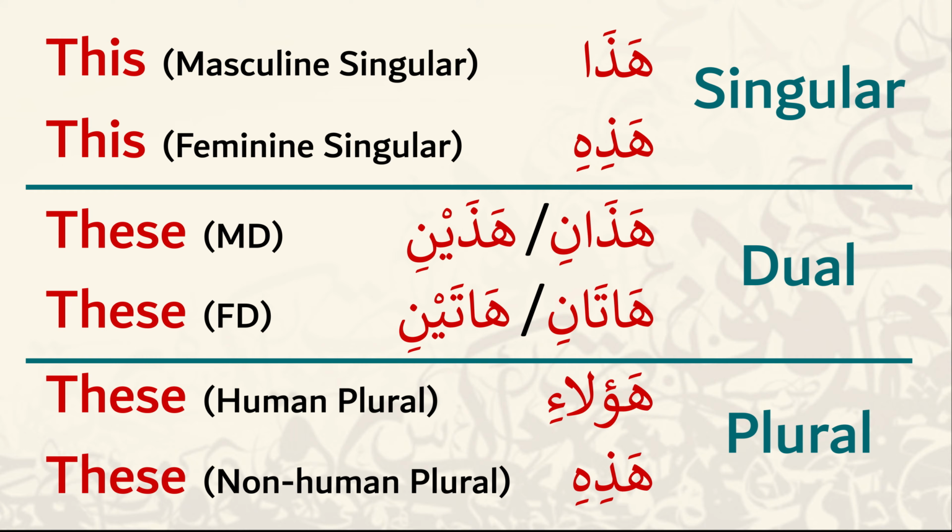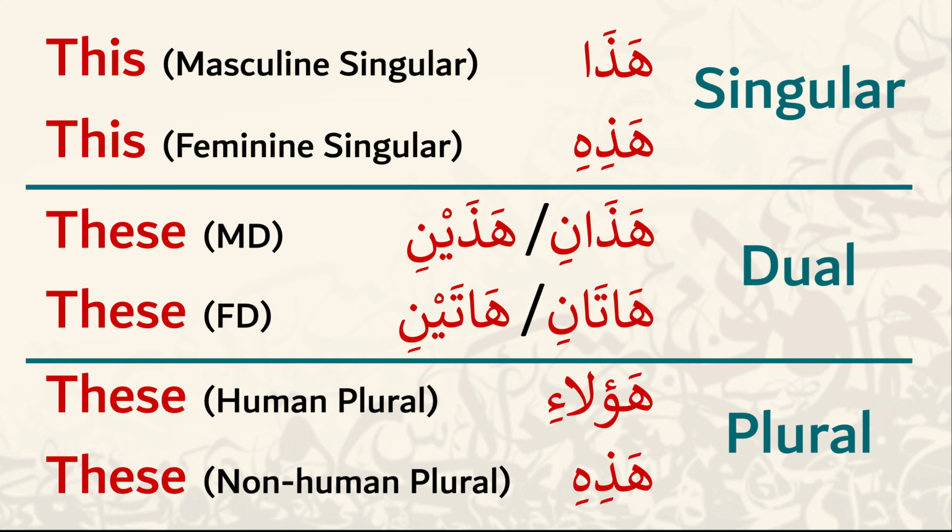I have 2 points here to mention. First, this ha letter in the beginning is not an original part of the pointing nouns. It's called هاء التنبيه. تنبيه means attention, and it's only added to call attention to the object we are pointing to. And second, the case ending of all pointing nouns is constant.